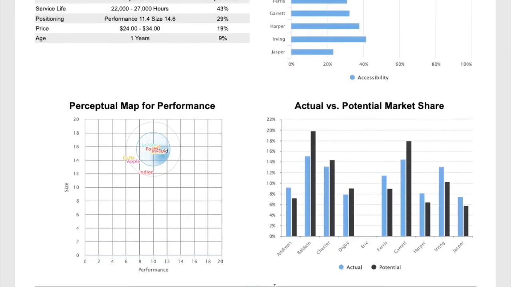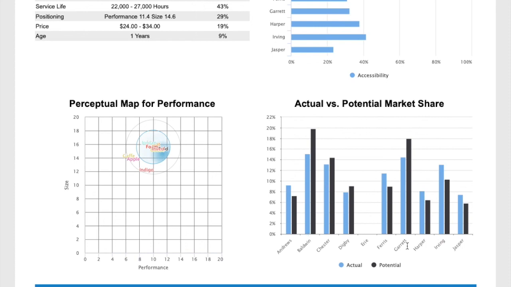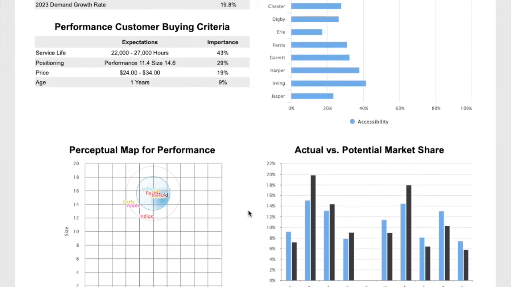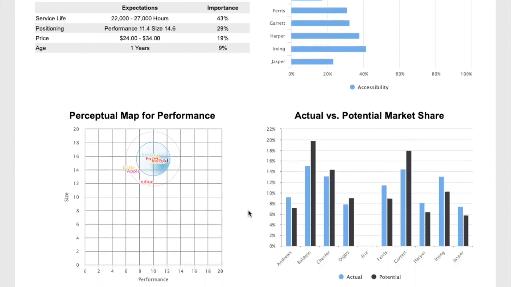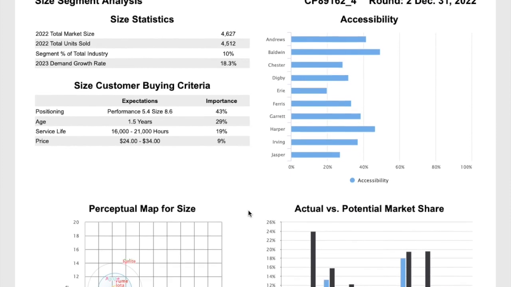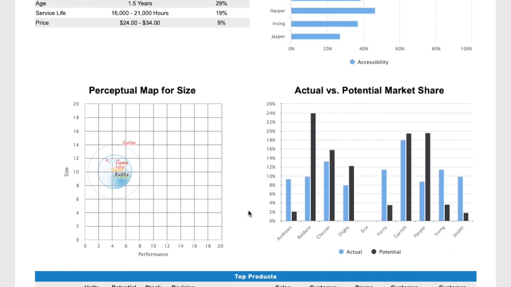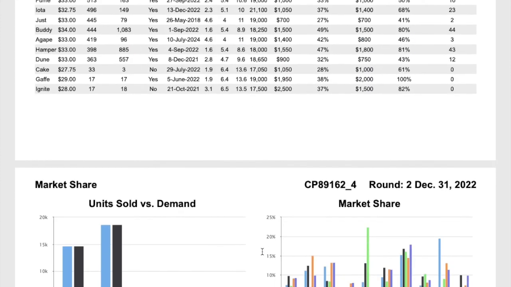So for performance, we have Team Baldwin, Garrett, Chester as the three big players here, but other teams, don't worry. If you are really focusing on performance, then you just need to find the best strategy here. Team size, again, Baldwin, I want to point out, used to have huge potential here. Huge potential in this market.